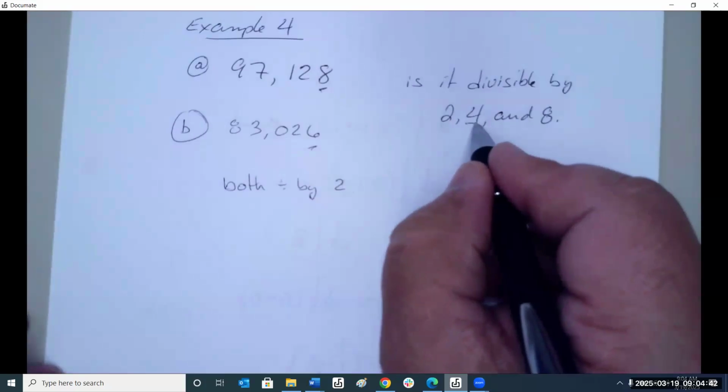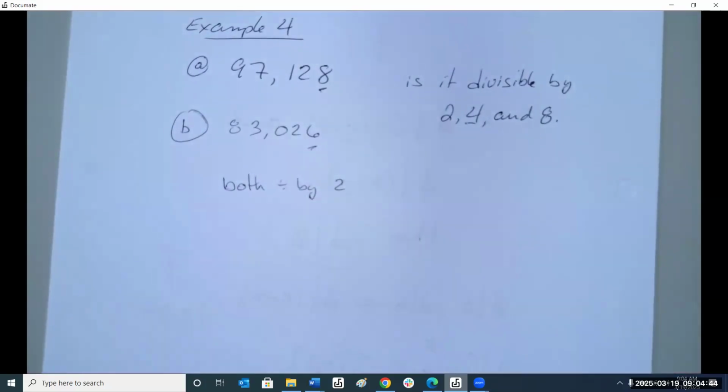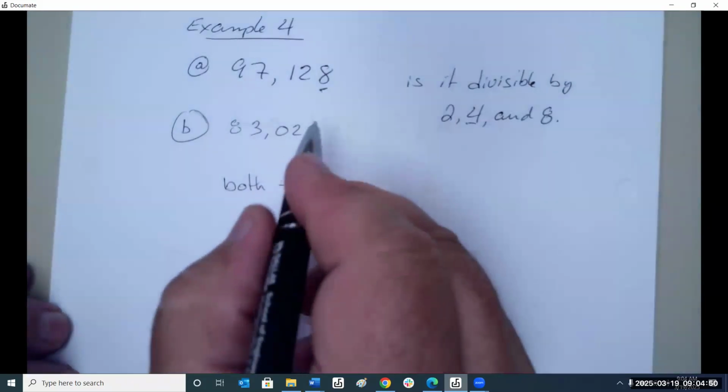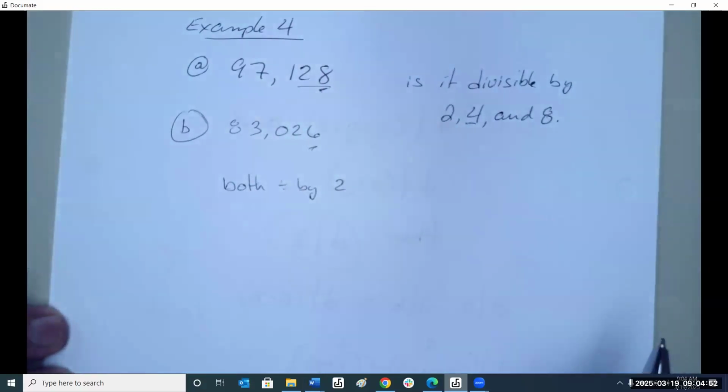Is it divisible by 4? What's the rule for 4? Divide by 2 twice. Look at the last 2 digits. Is it divisible by 2? Twice.